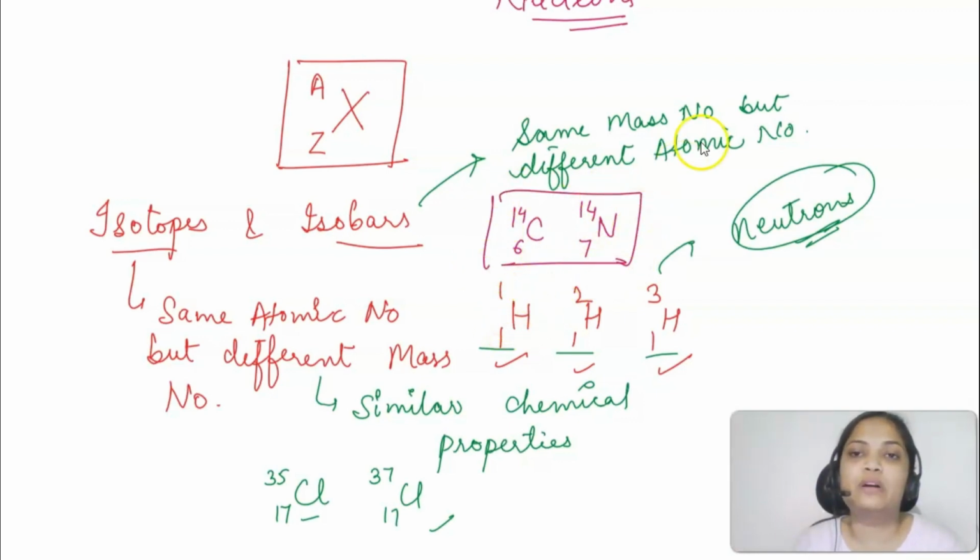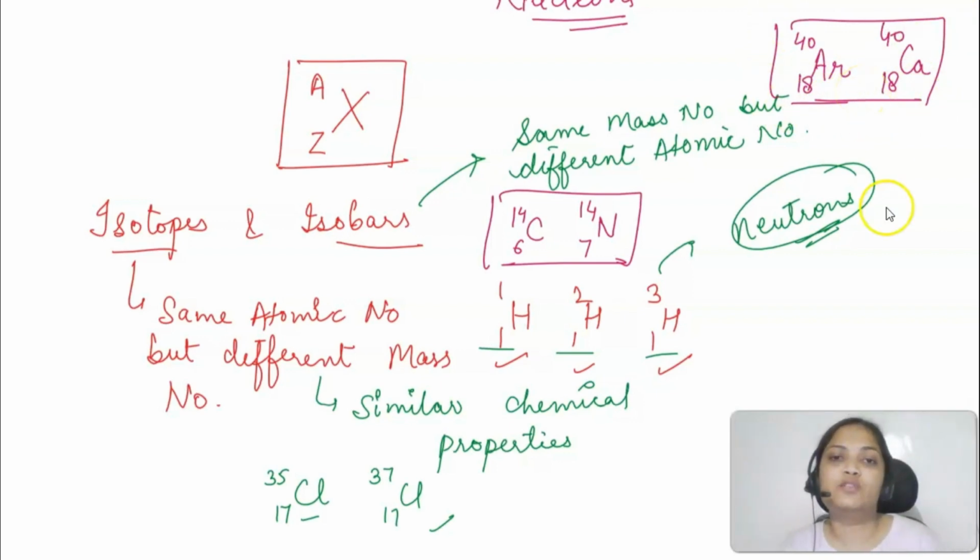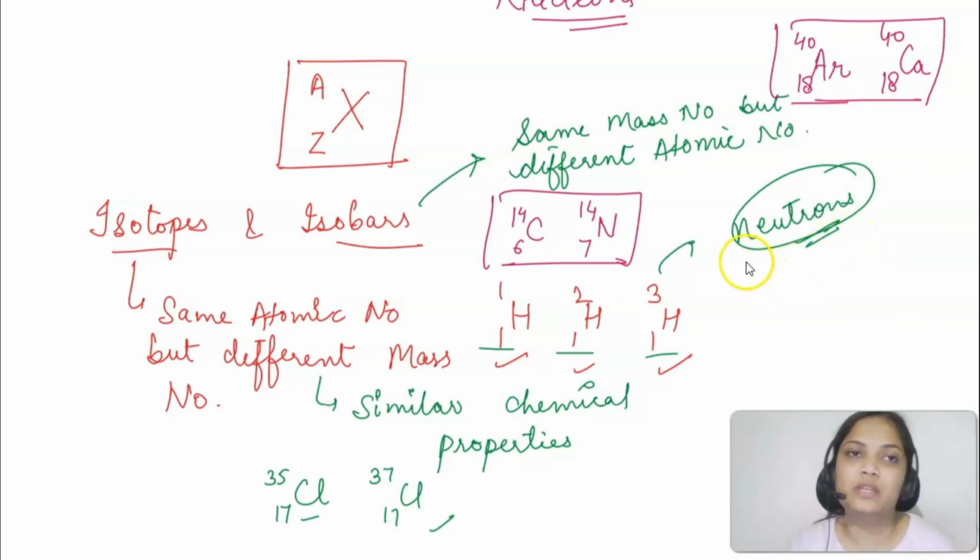So ये आपके isobars हो गए. Similarly, argon's mass number is 40, calcium's mass number is also 40, so that's another isobar. So these are isobars which have same mass number but different atomic number. ये आपको पता होना चाहिए because they are the different chemical species.